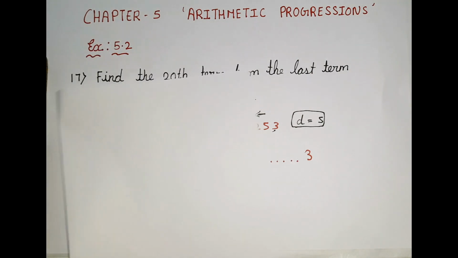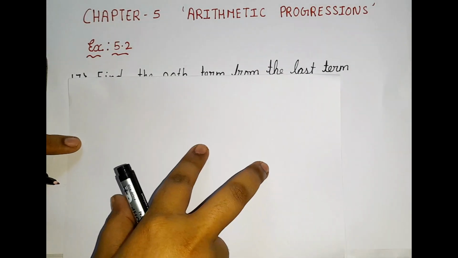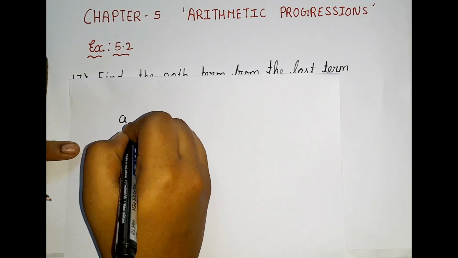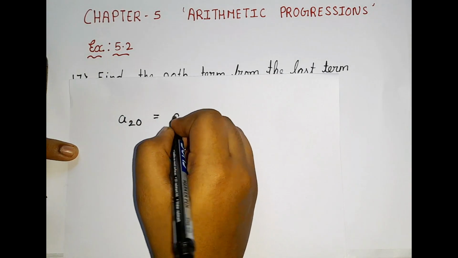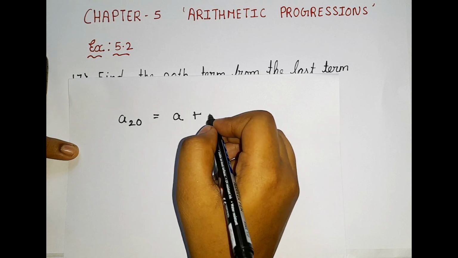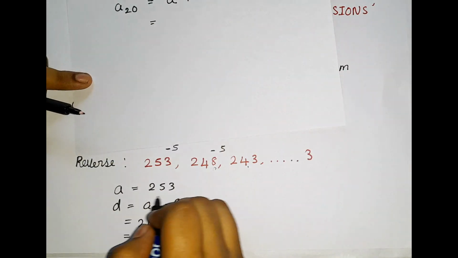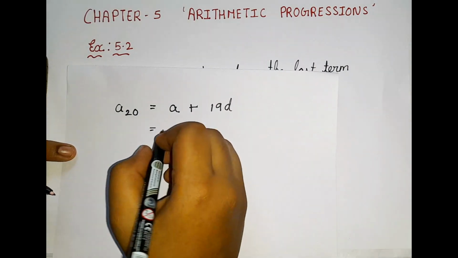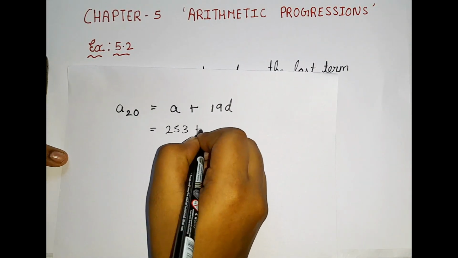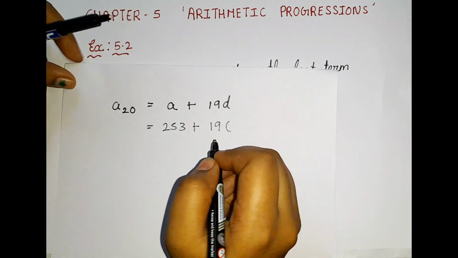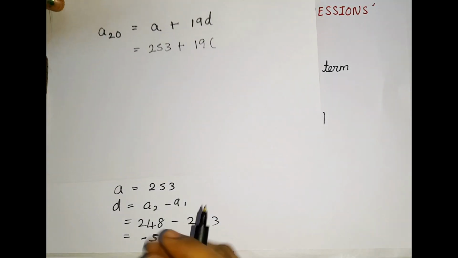Since we are supposed to find the 20th term, let us write A20. So A20 is equal to A plus, the previous number of 20 is 19, so 19D. Here the A value is 253. So 253 plus 19, and D, the common difference, is minus 5, isn't it?